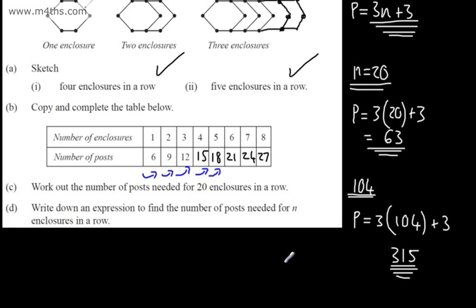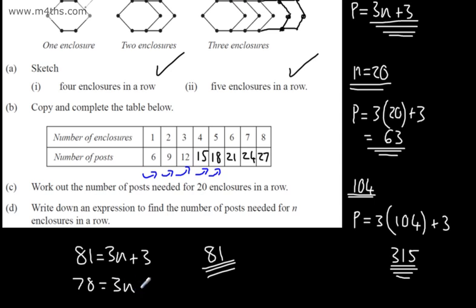If we were asked if there was a number of enclosures that had, for example, let's say 81 posts, let's think about this one here. What we could say is that 81, the number of posts, would be equal to 3n plus 3. I would subtract 3 from both sides, so 78 would be equal to 3n.